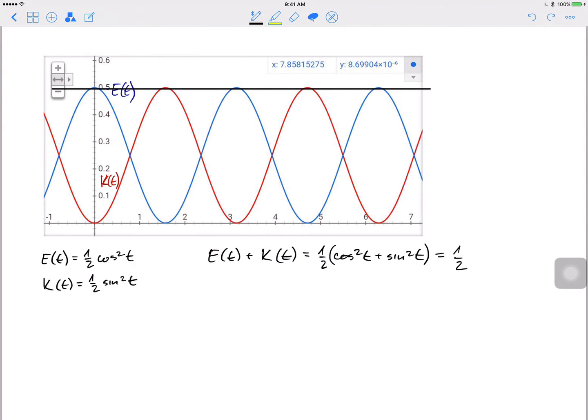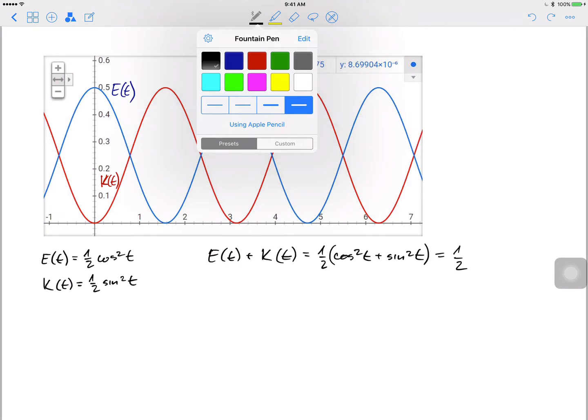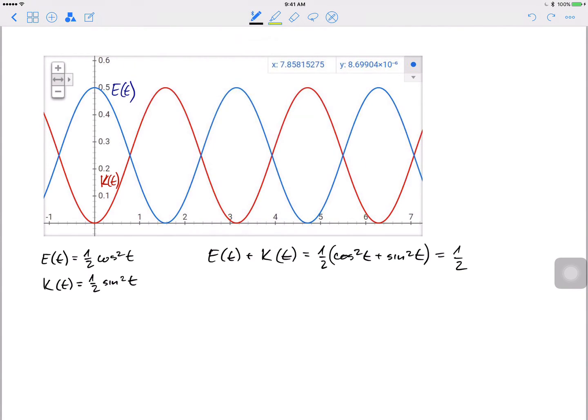It should be at 1/2. Okay, and this is a fundamental property of all mechanical systems, that the total energy is conserved.